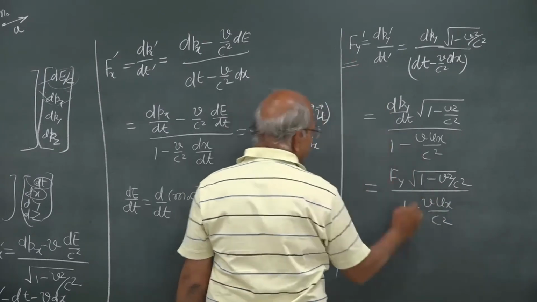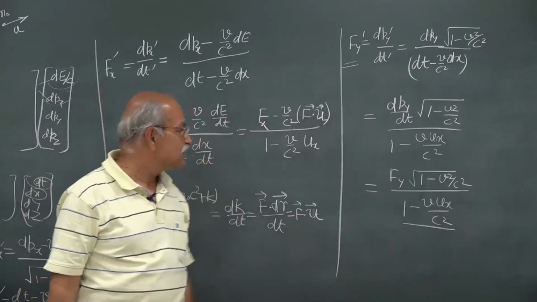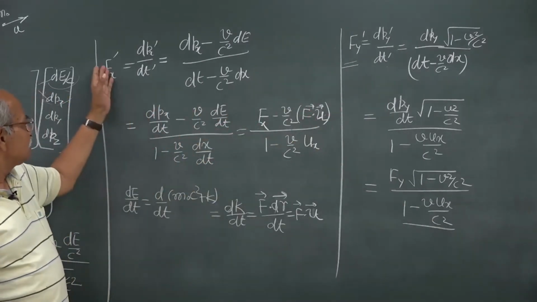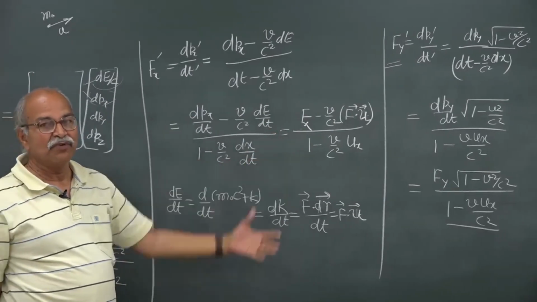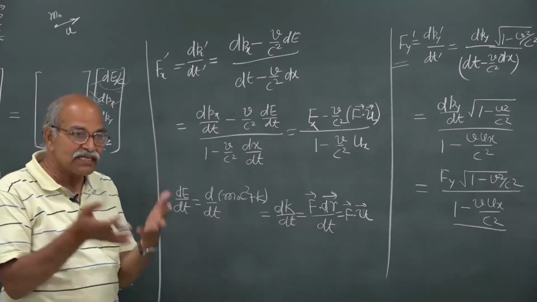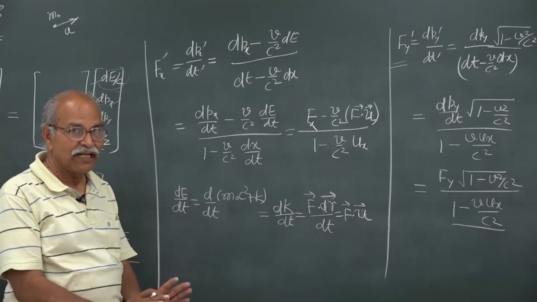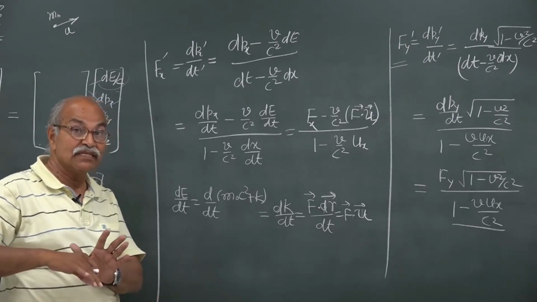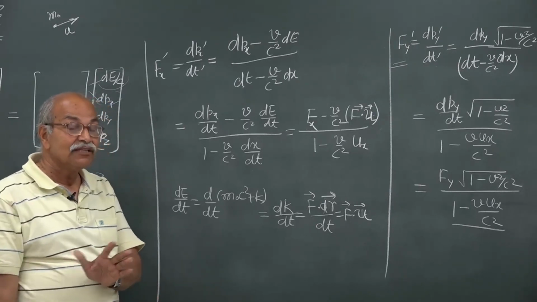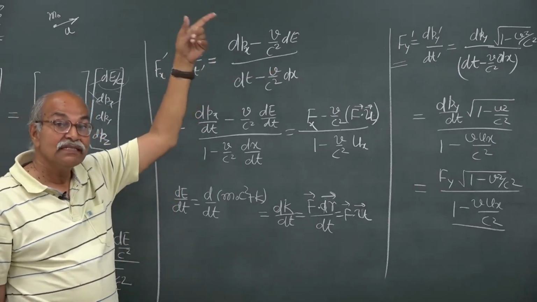That is how the y component will transform, the z component will transform similarly, and the x component will transform according to this. So if you are solving problems where forces are acting, motion is there as seen from one frame, and you want the corresponding quantities in S prime frame, you have to transform forces also according to these equations.